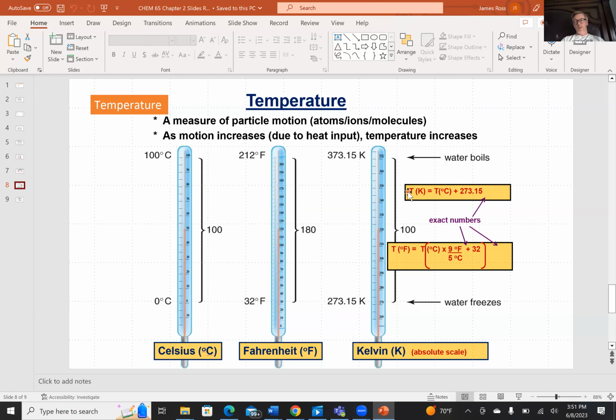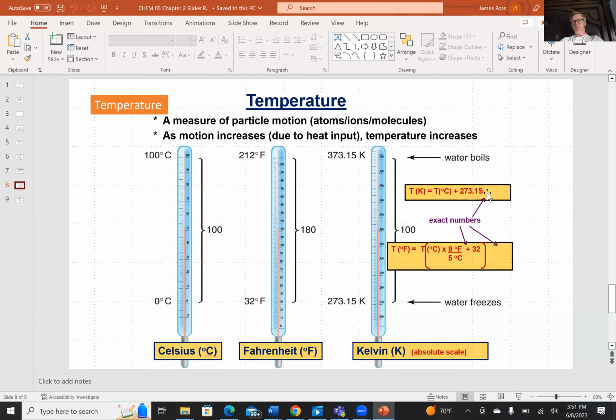Okay, so Kelvin, you can convert Celsius to Kelvin by taking the value in Celsius and adding the exact value 273.15 to it. So if you're wondering how many digits to give when you convert Celsius to Kelvin, you just use the adding rules.